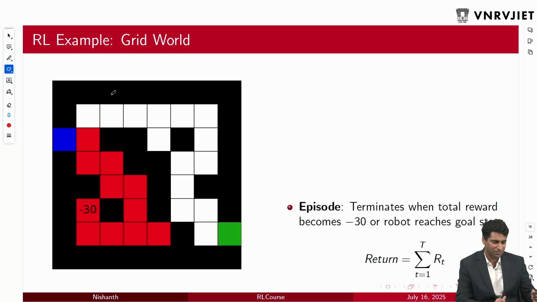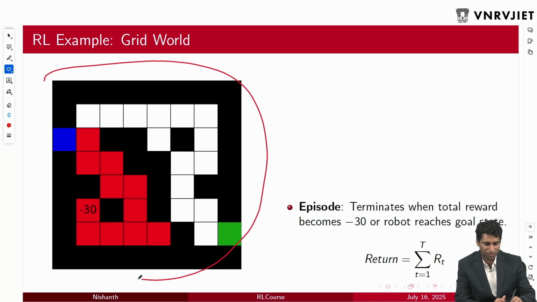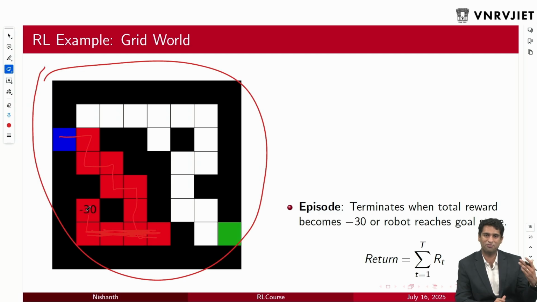So, what we see over here is one example of an episode where the agent traveled south and then kept traversing over here until it reached a reward of -30, which is when its battery completely discharged and the episode terminated. So this is one example of an episode where the agent interacted with the environment.